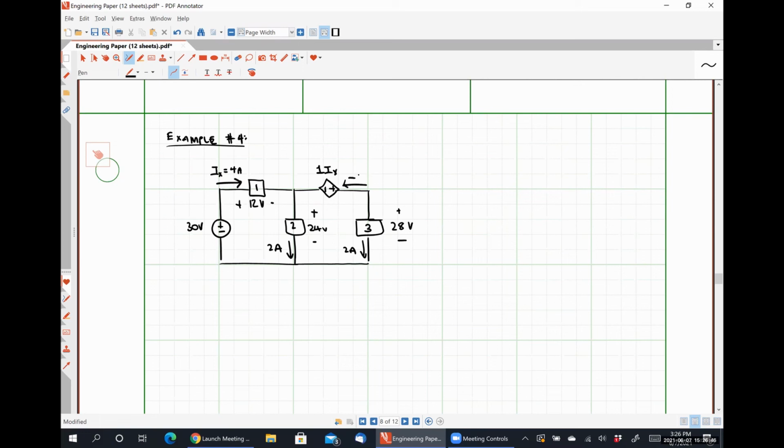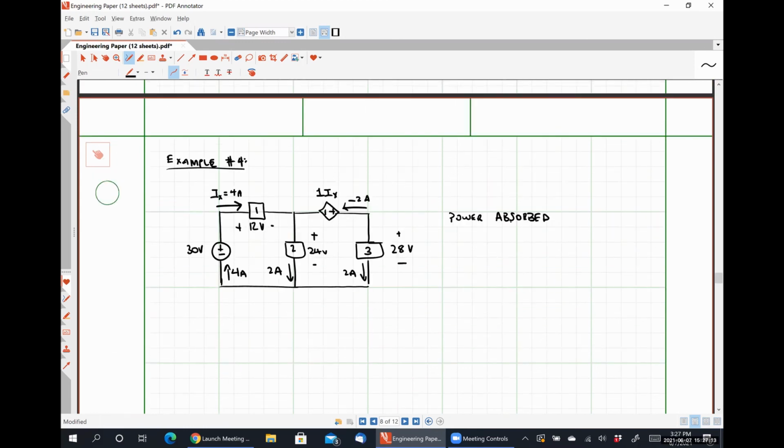Let's call this a current of negative 2 amps in this direction, and this guy a current of 4 amps in this direction. I want to determine the power absorbed by each element.